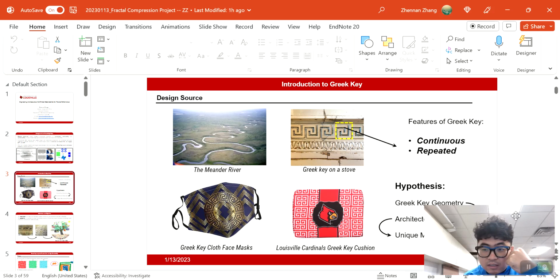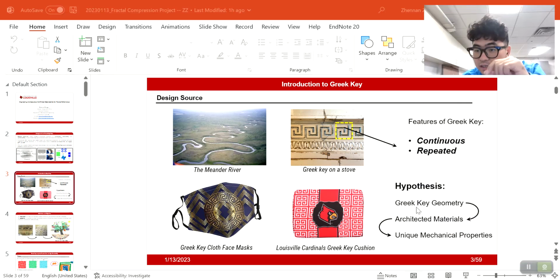So in this study, we have the hypothesis that we can use the Greek key geometry to design some architecture materials, and this kind of architecture materials can realize some unique mechanical properties, especially for the flexibility.